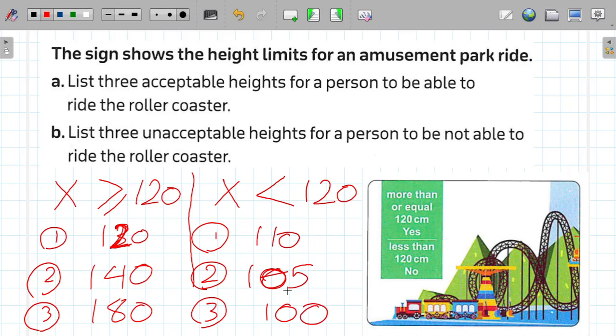So I have here 3 values which are unacceptable heights, and I have here 3 heights that are acceptable for a person to be able to ride the roller coaster. Okay, so I have 3 values here for the second inequality, and I have 3 values here for the first inequality.